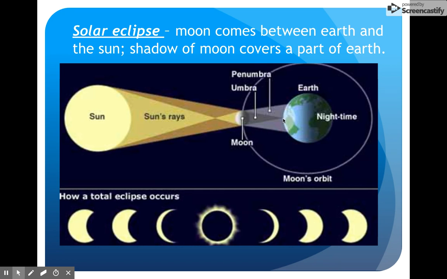So it's maybe a 50 to 75 mile wide shadow that goes across. And you may not look at a solar eclipse. It's dangerous because it occurs during the day and you look at the sun. And this is a picture of what it would look like. The sun slowly disappears till it's completely covered by the shadow, and then it slowly reappears, again, taking several hours.